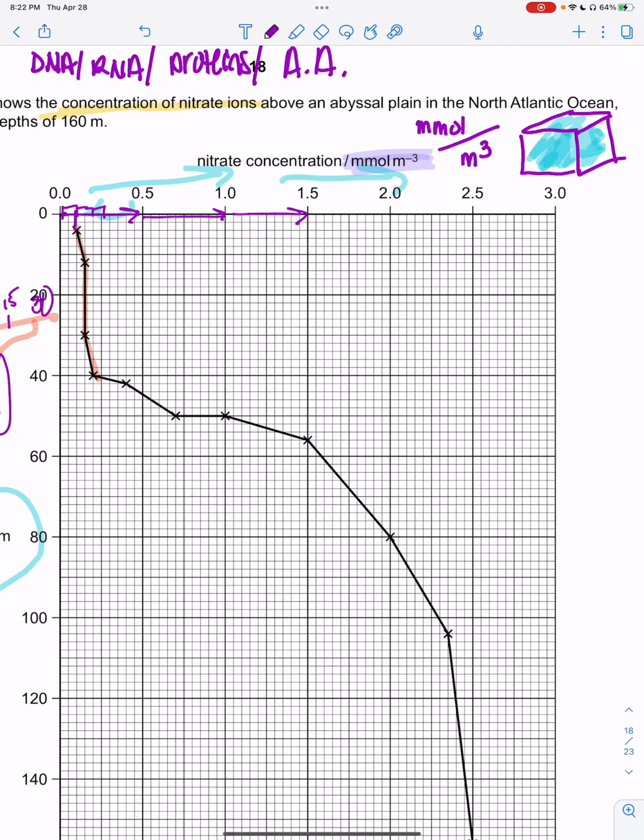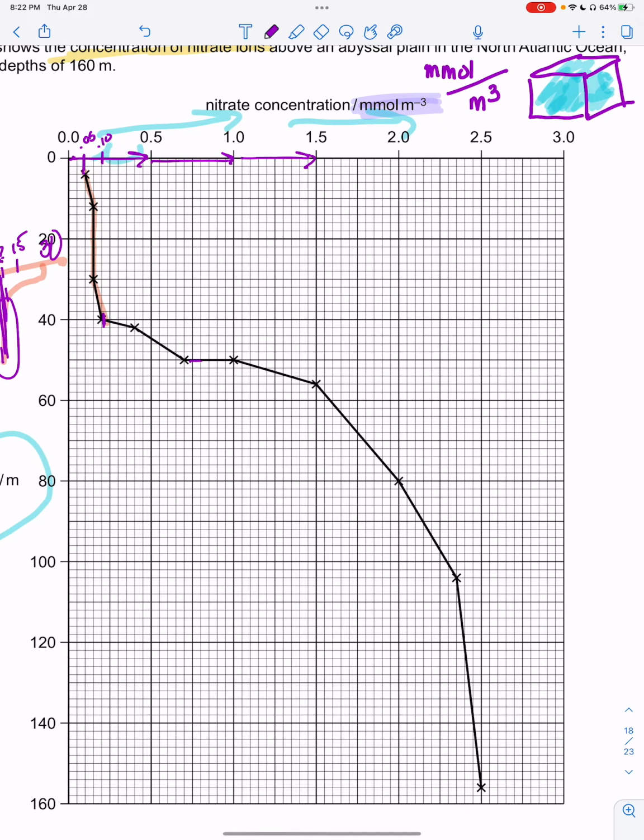So it's starting at 0.05, and then at 40 it just goes to 0.1, versus just at that depth alone, 50, you got a big change.